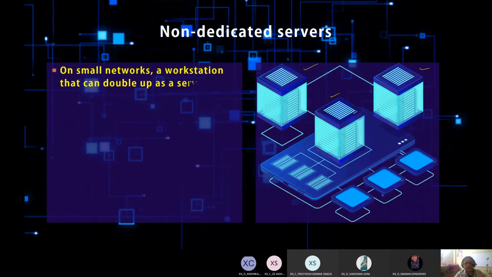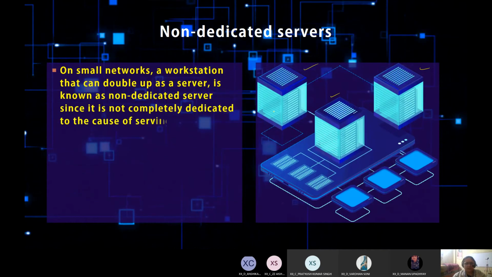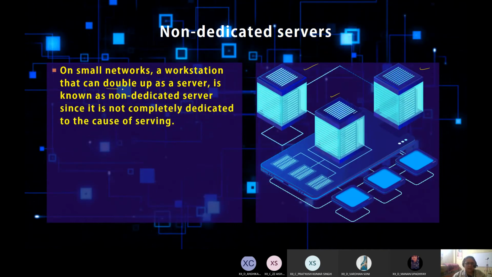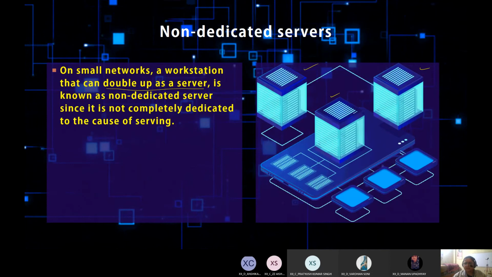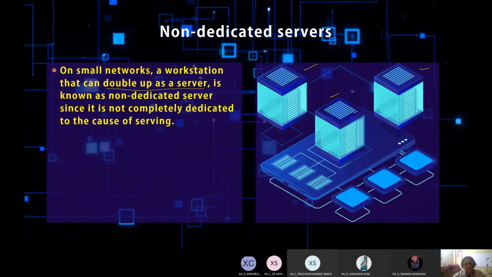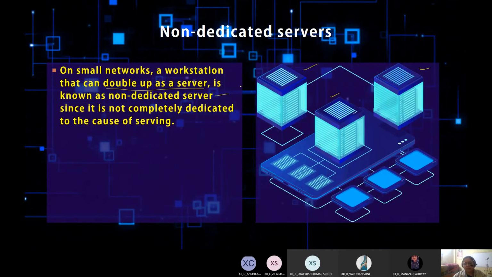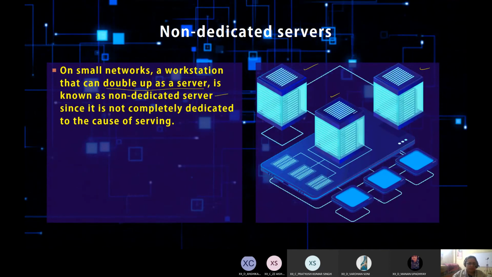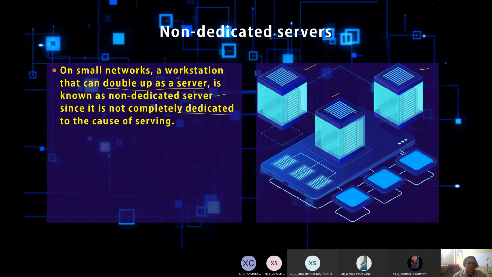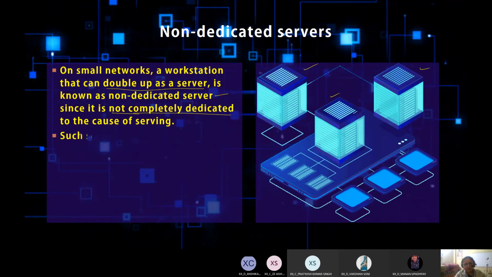On small networks, a workstation that can double up as a server is known as a non-dedicated server. Double up means a workstation will work as a simple computer also, and it will become a part of a non-dedicated server also, playing two roles at the same time. So it is not completely dedicated because it keeps switching its roles.